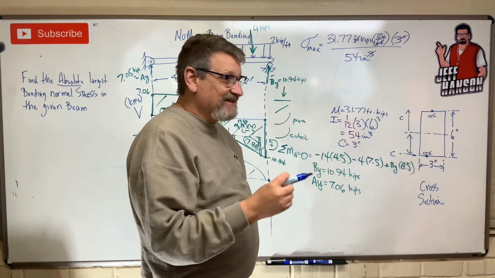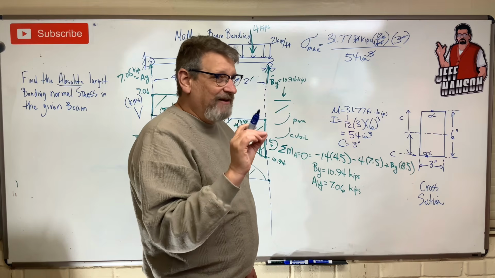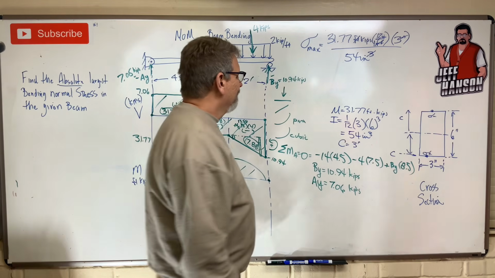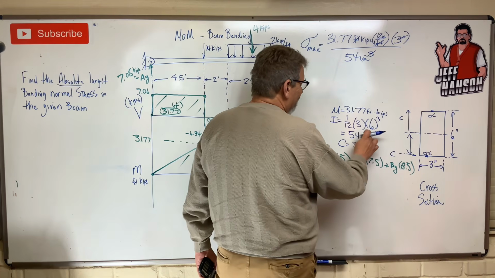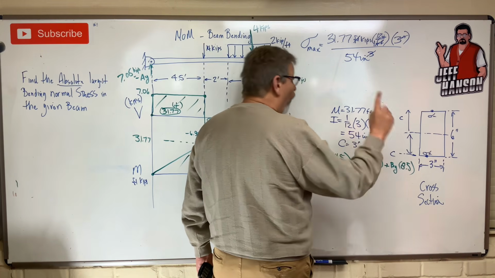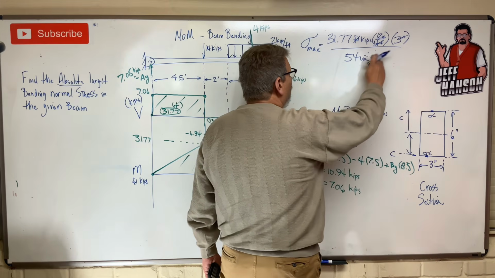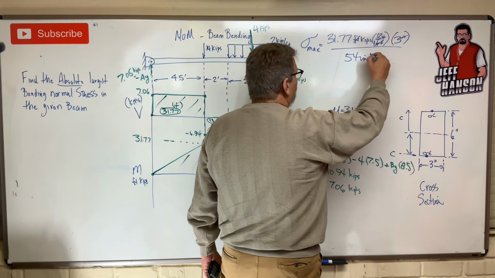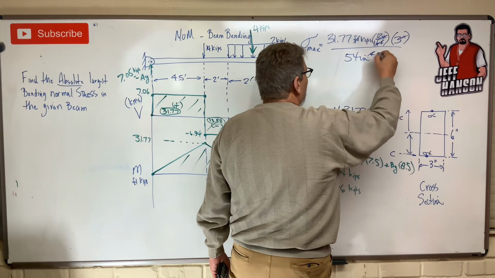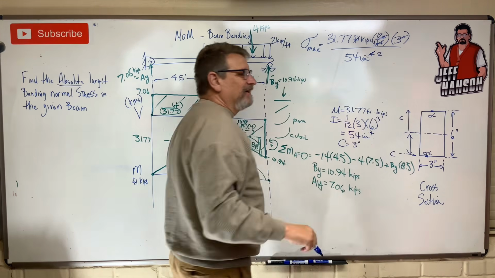It needs to be KSI, kips per square inch. Where did I mess up? It's pretty simple, right? Remember this? It's not inches cubed, is it? It's inches to the 4th. Come on now. Boy, I'm getting rusty, huh? So now 2 of the inches go away, right? And now it's in KSI.